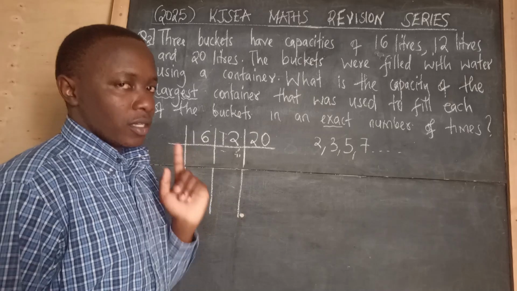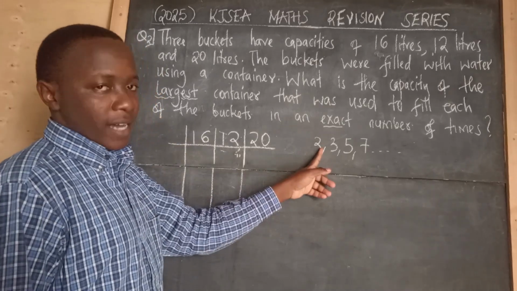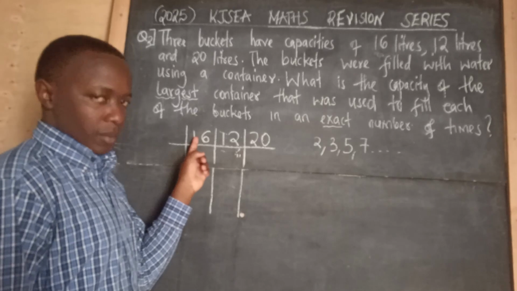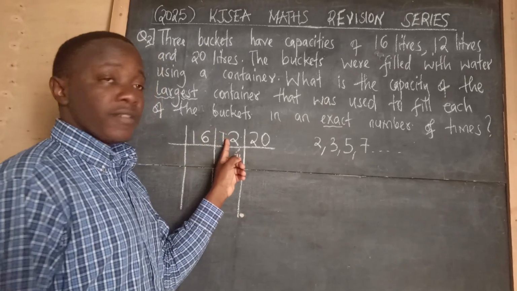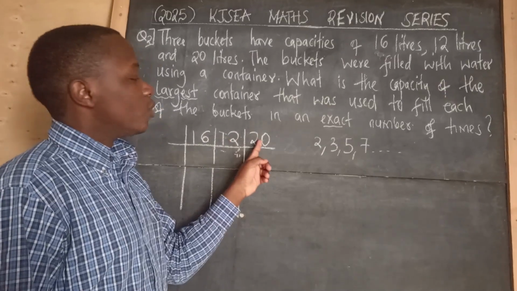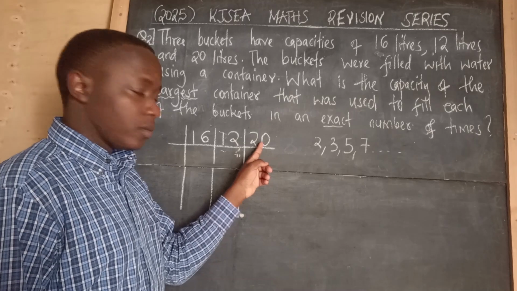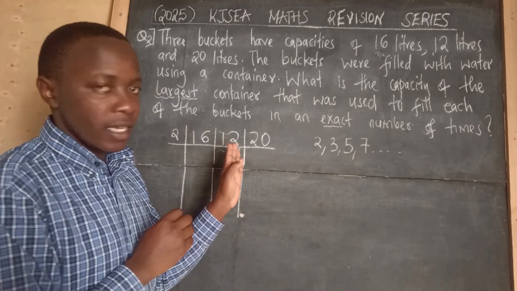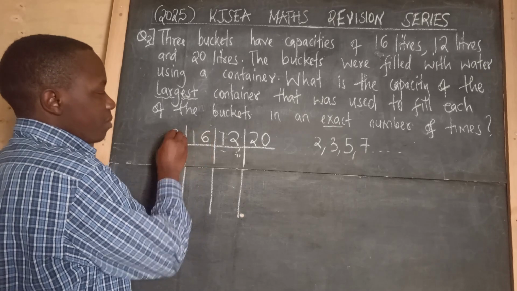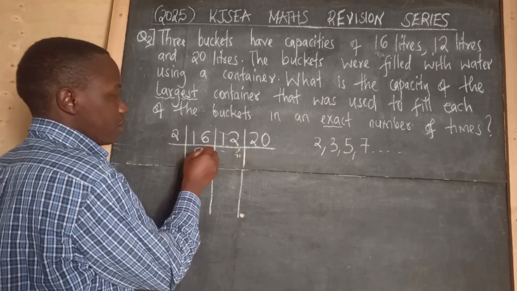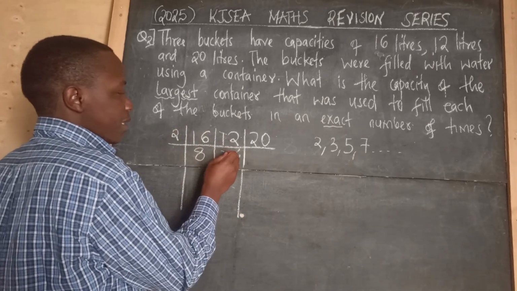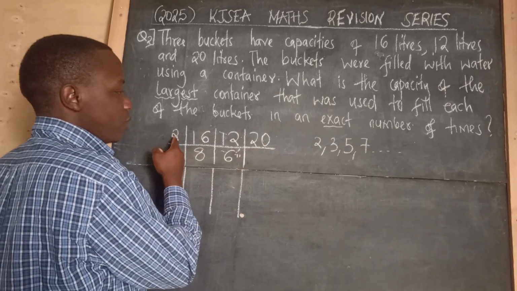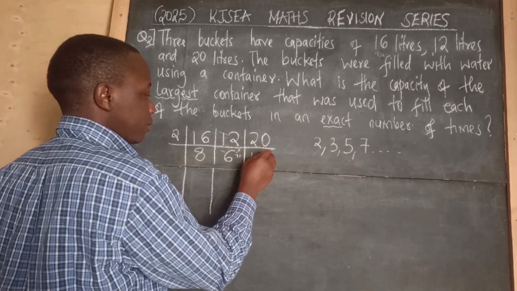So you'll ask yourself, 2 is the first prime number. Can it divide all of these? 16 can be divided by 2, 12 can be divided by 2, and 20 can also be divided by 2. So 2 can divide all of them. 16 divided by 2 is 8. 12 divided by 2, that is 6. 20 divided by 2, that is 10.